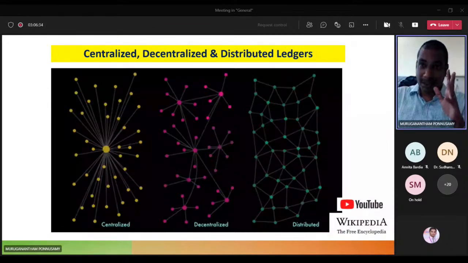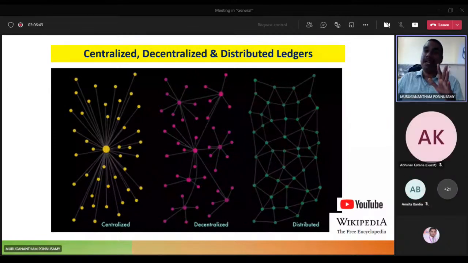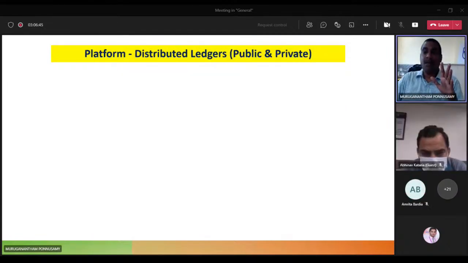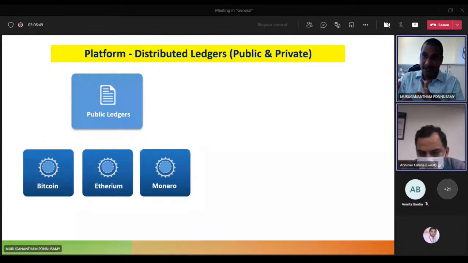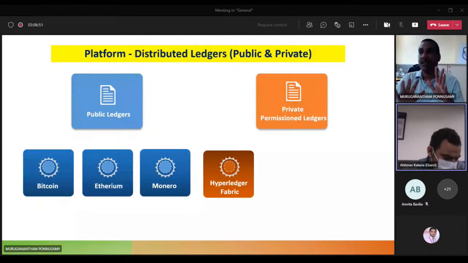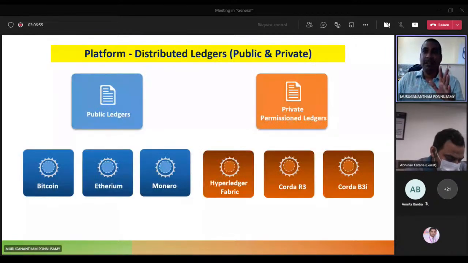When you talk about distributed ledgers, as I said earlier, they might be public or private. Why is it public? Depending upon the type of ledger, the answers will be different. To keep things simple, we can say that in a public network, anyone can validate, write, and read transactions.